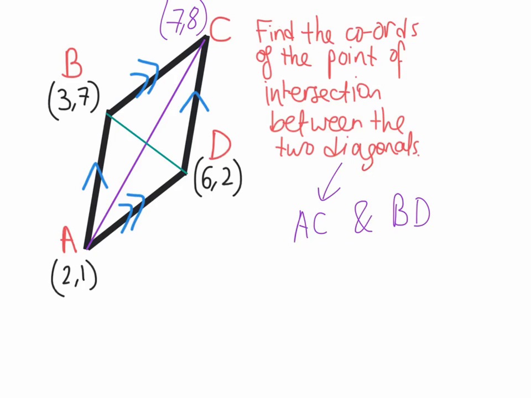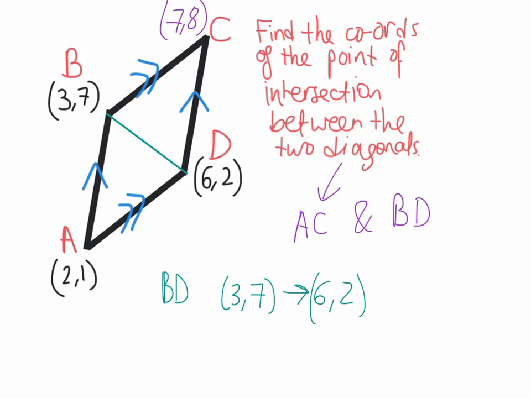So we will start with this green diagonal BD, and you can see that BD goes from 3, 7 to 6, 2. And we can make a triangle that looks something like this.